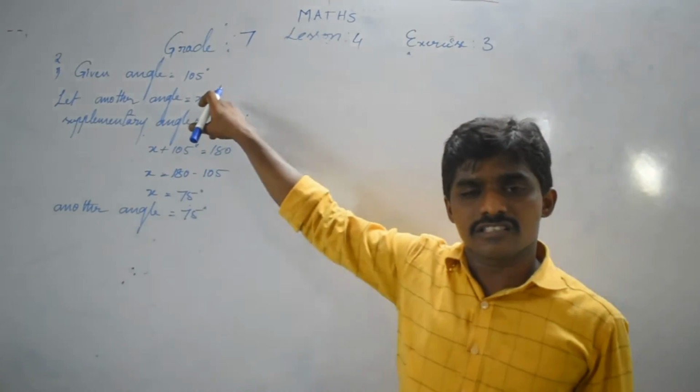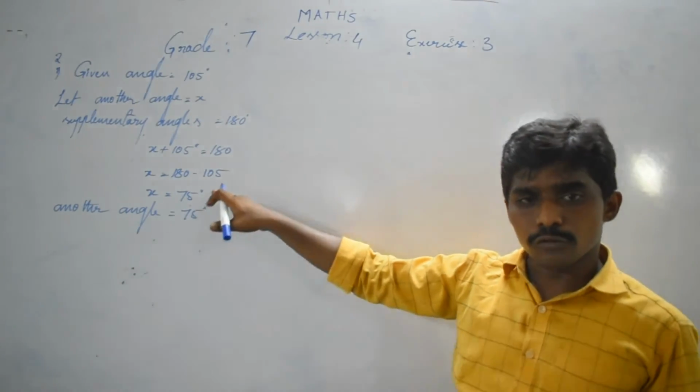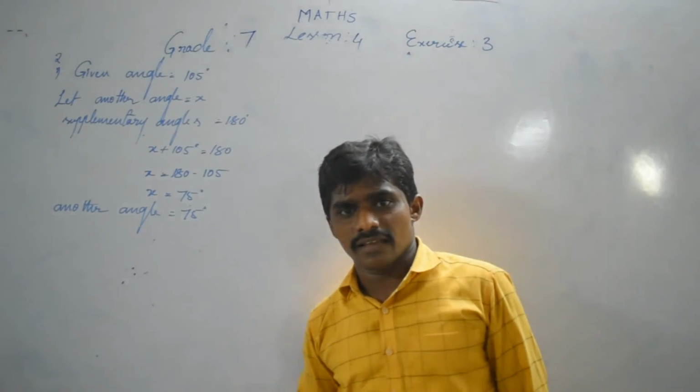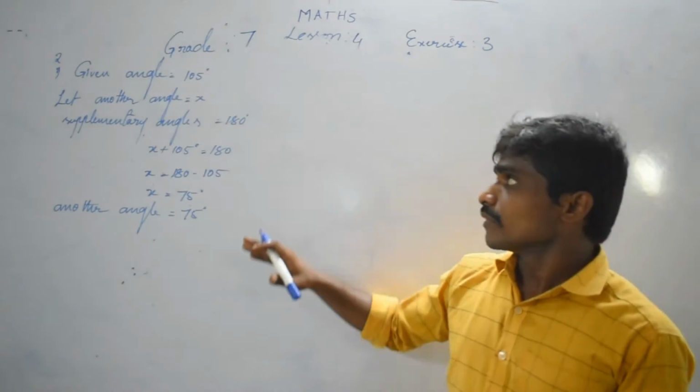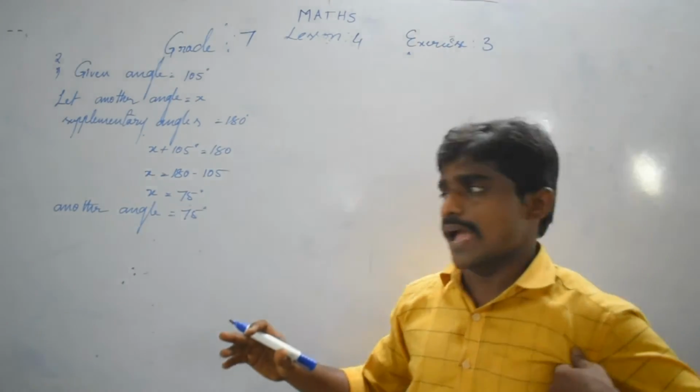Adding these two angles gives 180 degrees. So two acute angles cannot be supplementary angles, and two obtuse angles cannot be supplementary angles.